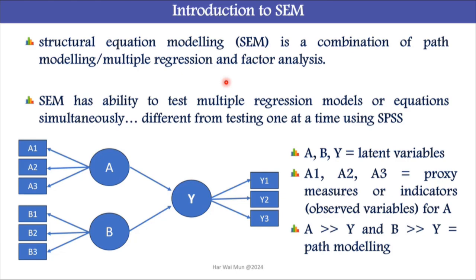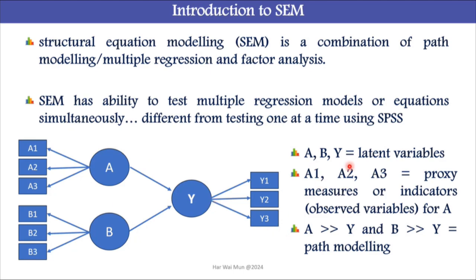If you have 1 to 50 questions, you do not know whether 1 to 3 is for A, 4 to 6 is for B, or 7 to 15 is for C. It becomes troublesome. So I suggest that you structure or label your questions based on the factor. Later you'll see: Y1, Y2, Y3 for factor Y. Of course, you can have more.